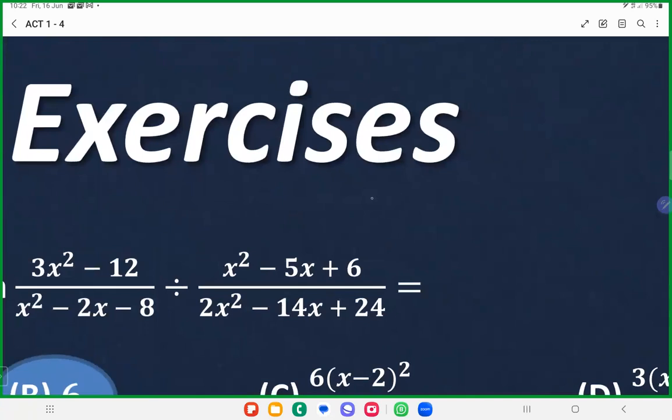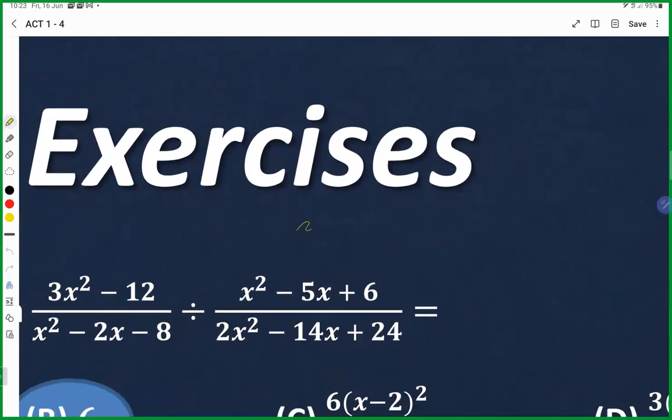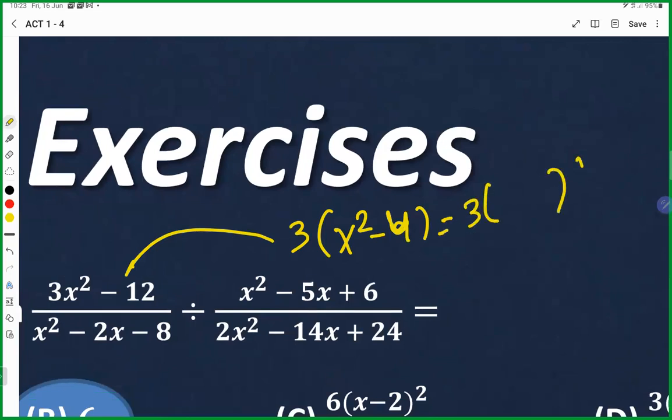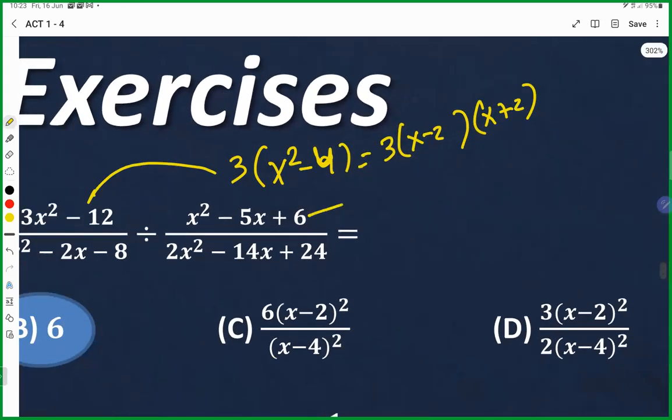Okay, such kind of question, how to solve it? The question asks me to simplify. So we want to simplify this. We get 3x squared minus 4 at the top here. Then this becomes 3x minus 2, x plus 2. Okay, this is the first one. And this becomes x minus 3, x minus 2.